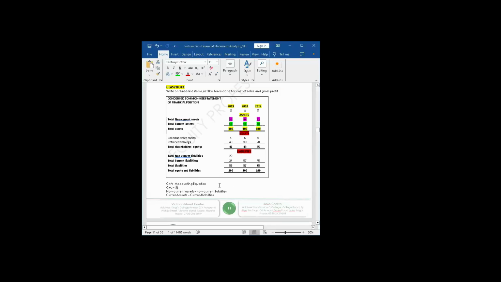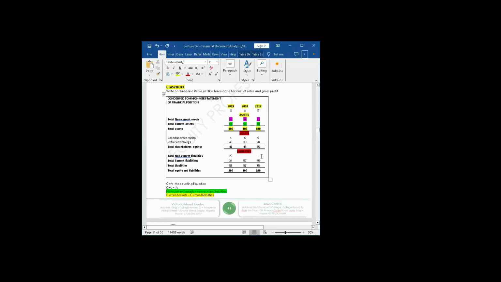Remember, we said that when you are financing, there is a rule that the non-current assets must be financed with what? With non-current liabilities, right? And the current assets should be financed with what? With current liabilities, right? So let's see how they financed the assets.